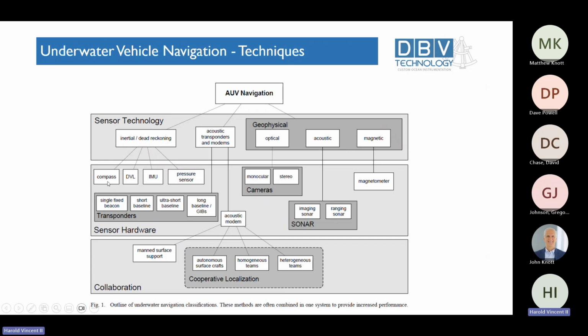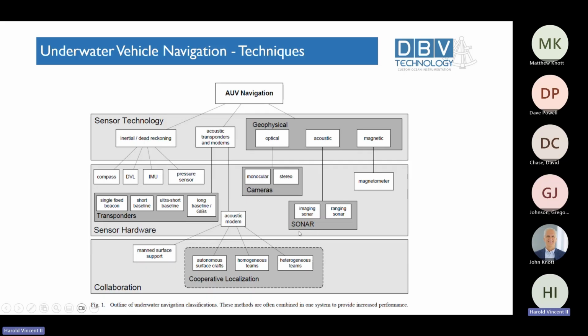That may be a magnetic compass. That may be some type of fiber optic gyro compass. And then you'll see these transponders here that can be used to obtain acoustic positions. These acoustic positions can be used to feed back into the inertial navigation system.